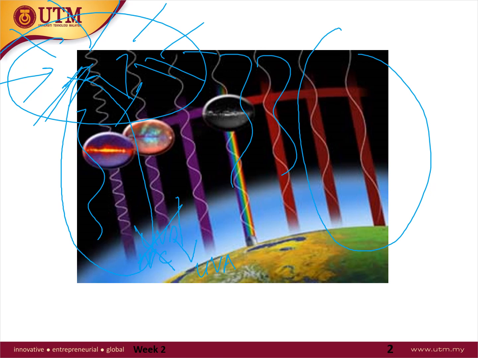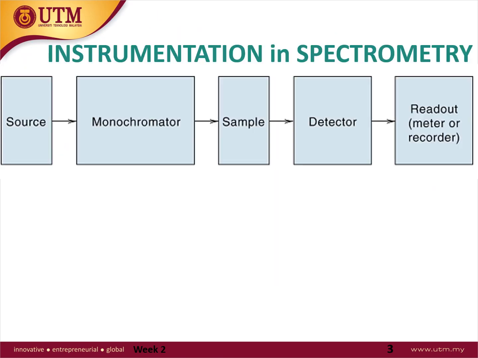Next slide. So in spectrometry, we have several pieces of instrumentation that are very useful and very important for us to understand. In the first place, we have the source. What kind of source? Are we going to use the sun as the source? Of course not.